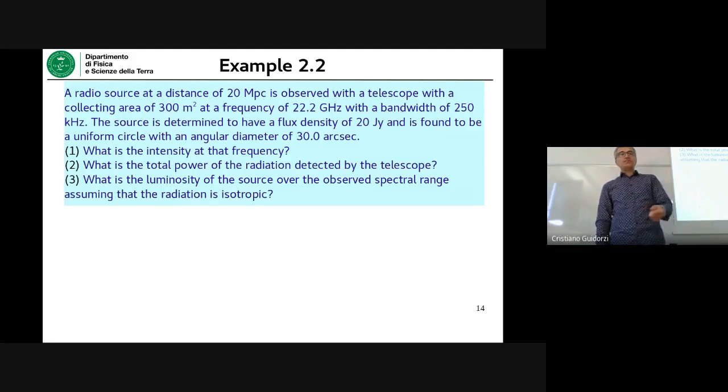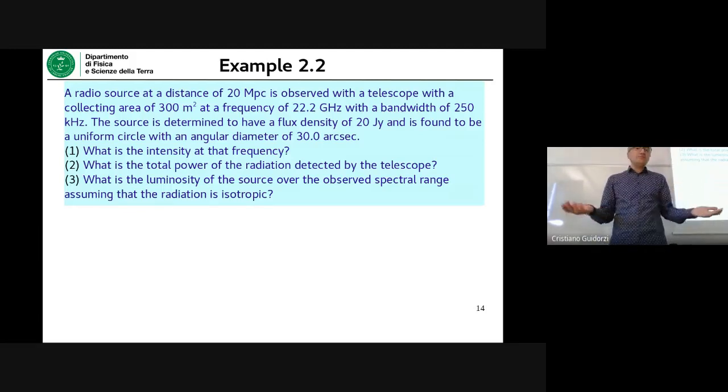So 250 kilohertz. You have the flux density, 20 Jansky, so energy per unit area, per unit time, per unit hertz. And you know also the size. So the solid angle, you don't have the value, but you have all the ingredients needed to work out the solid angle, because you know the angular diameter in arcseconds.